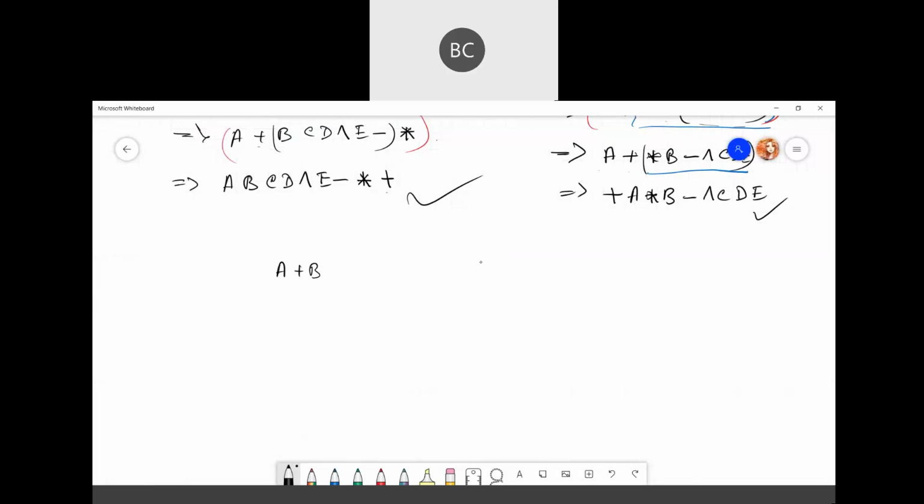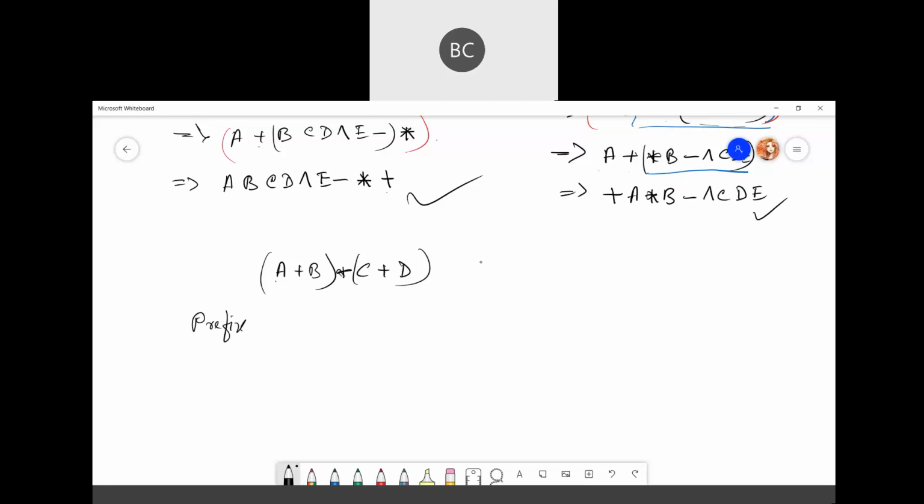A plus B into C plus D. In this expression I am already giving the brackets. So what will be the prefix?